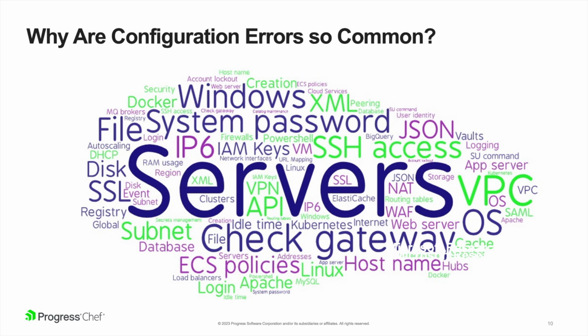And again, networking devices also exist in organizations. So it's only because of the scale and the different, heterogeneous systems that exist across organizations today that configuration errors are so common.